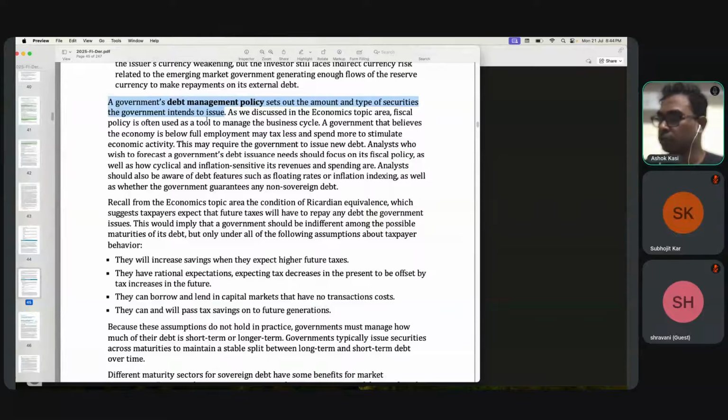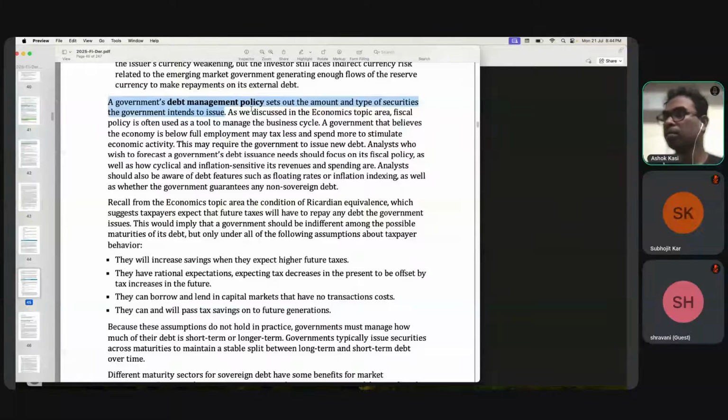So debt management policy means how much is to be borrowed. There will be some policy towards the debt.